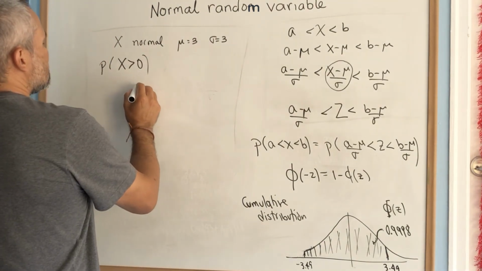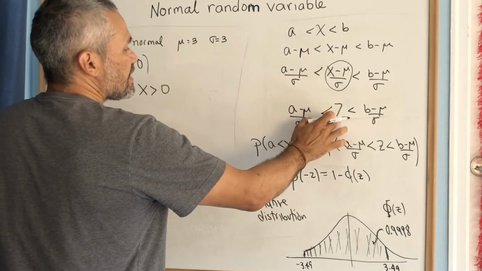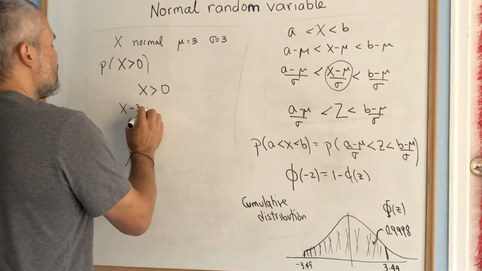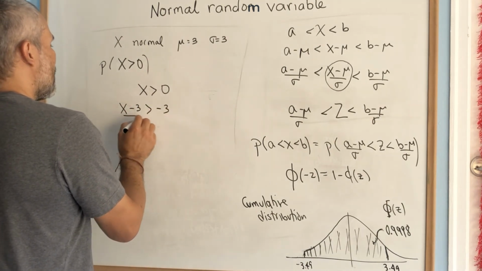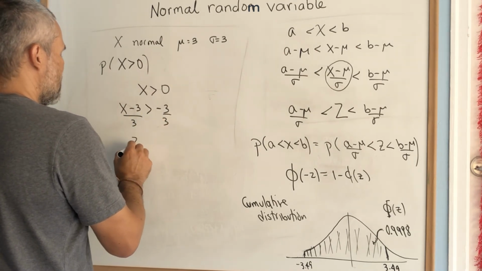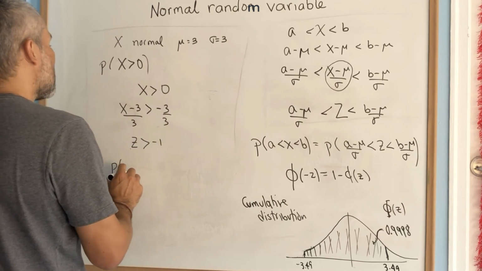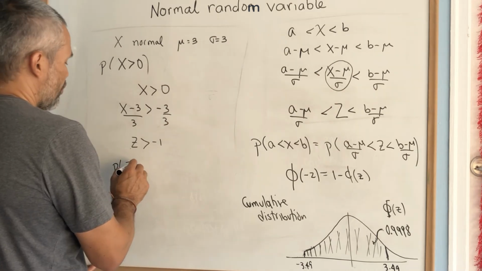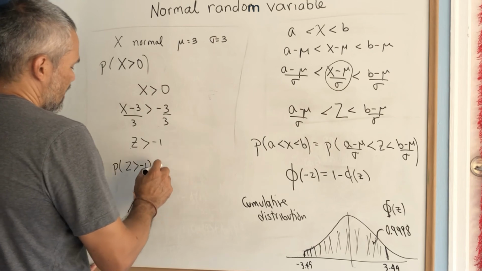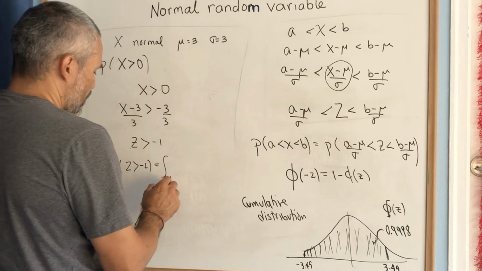Then this is just x bigger than 0, and then we have to make the standard normal show up, and we do that by doing x minus 3 bigger than negative 3, and then when we divide by the standard deviation, we get that this is the probability that C, the standard normal random variable, is bigger than negative 1, and we can see this as an integral from negative 1 to infinity, right?